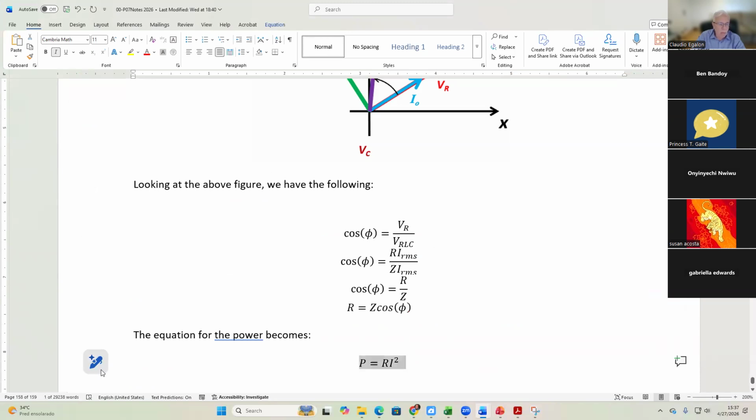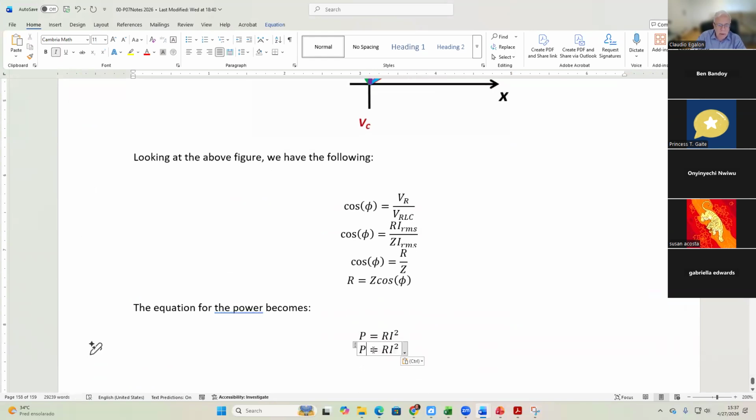And then we can write it in terms of the root mean square.